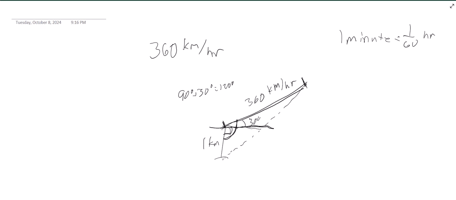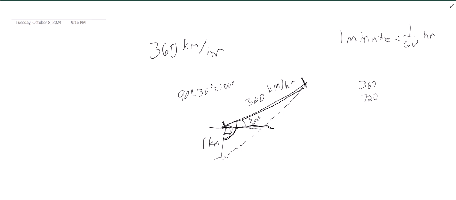Well, let's think about this. If we're traveling at 360 kilometers per hour, what would that distance be after 1 hour? After 1 hour, it would be 360 kilometers. What about after 2 hours? You'd go twice that far, or 720 kilometers.